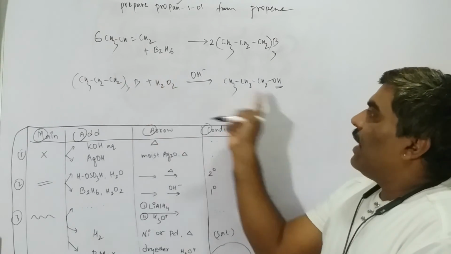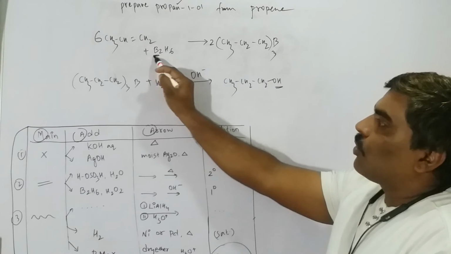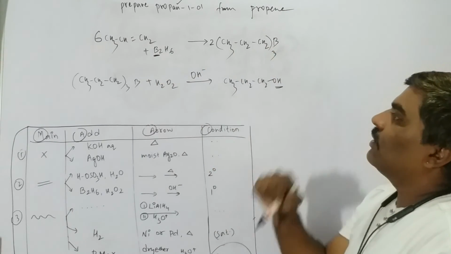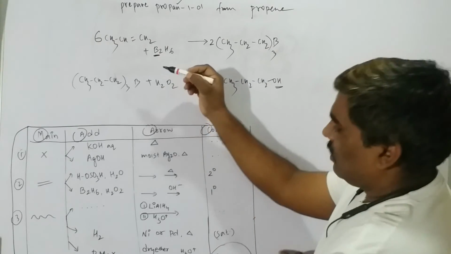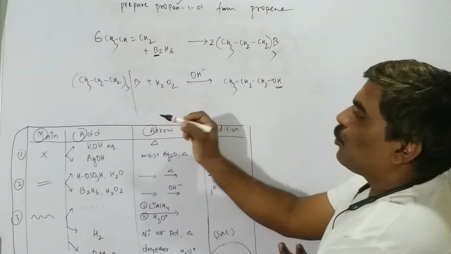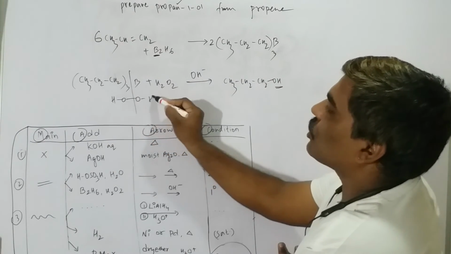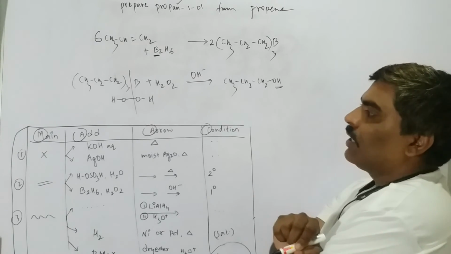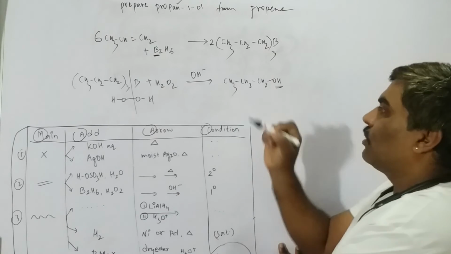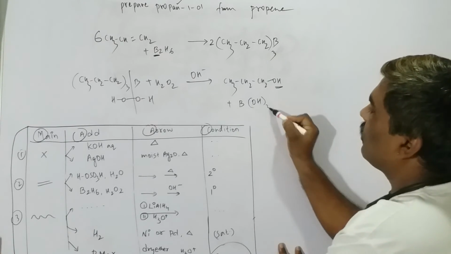Okay, now you just compare left and right. This boron we introduced here so that in the next step it is eliminated. This H2O2 we can write as HOOH. See the right side, what is there? BOH. But as you know, the valency of boron is 3.